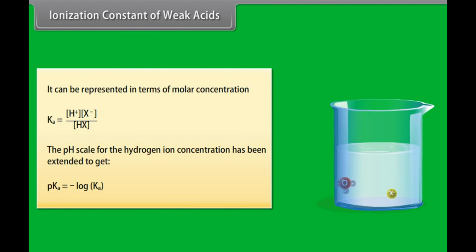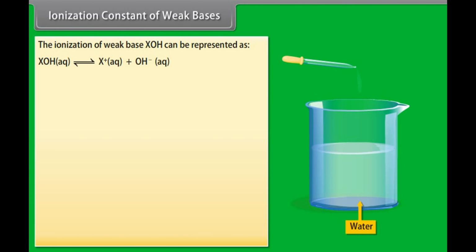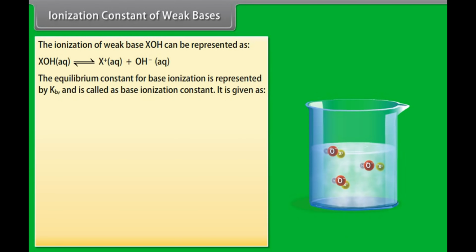The pH scale for the hydrogen ion concentration has been extended to get ionization constant of weak bases. The ionization of weak base XOH can be represented as follows. The equilibrium constant for base ionization is represented by Kb and is called the base ionization constant.